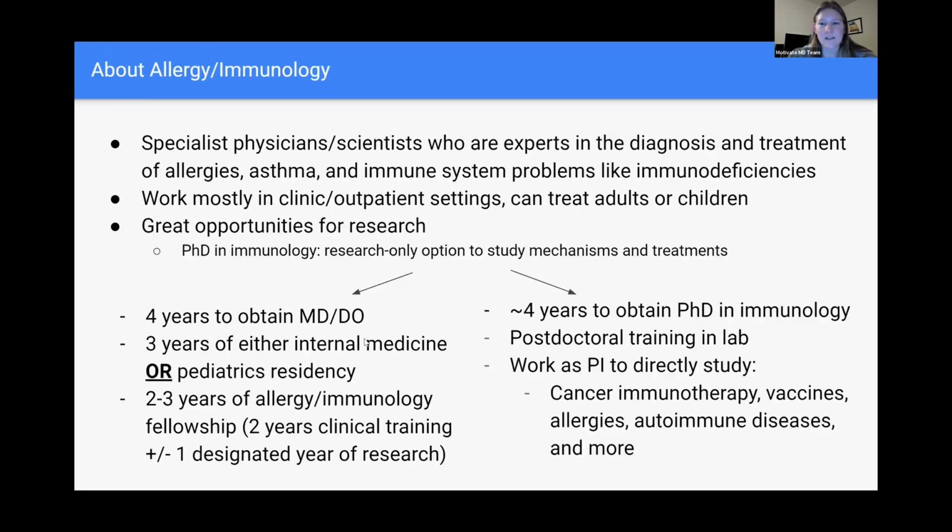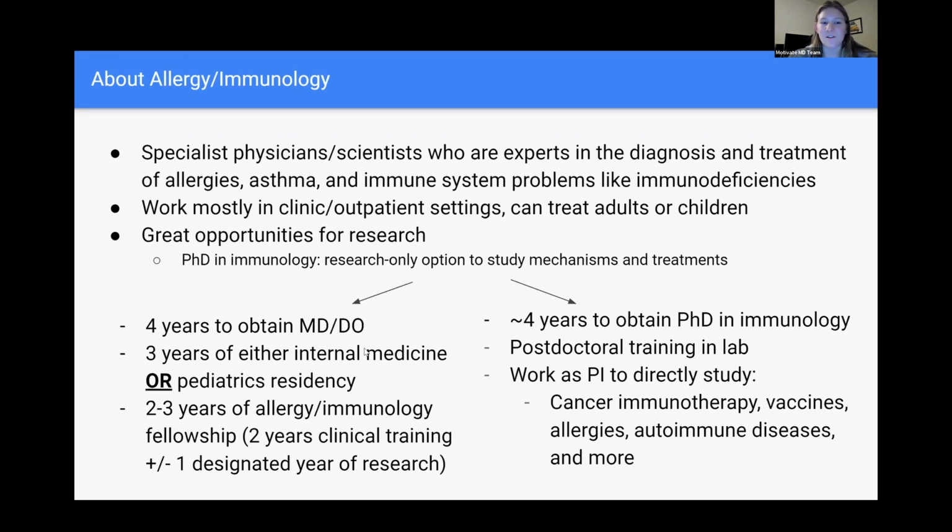I always like to wrap these up with a little bit about the specialty that we talked about today. So, going into some allergy immunology stuff. These are specialist physicians and scientists who are experts in the diagnosis and treatment of allergies, asthma, and other immune system problems, like immunodeficiencies even.